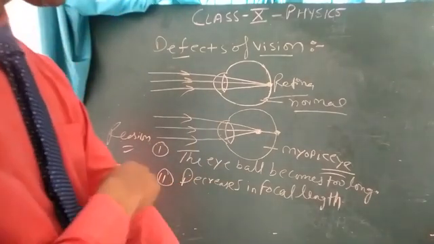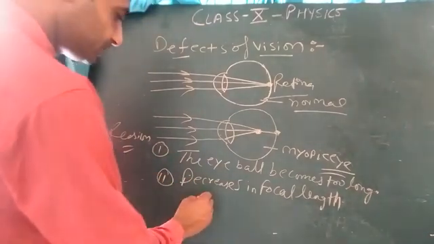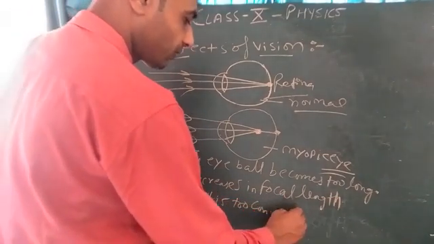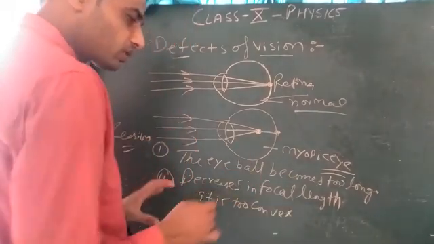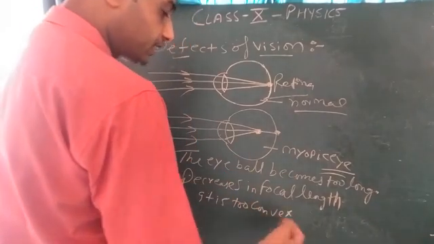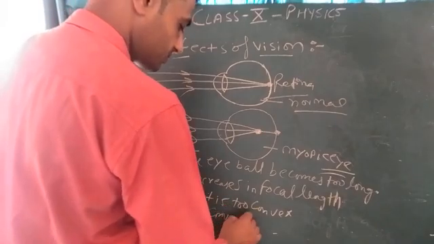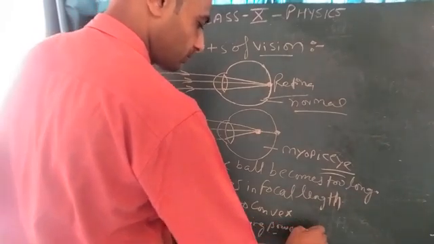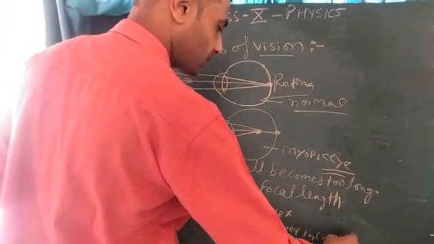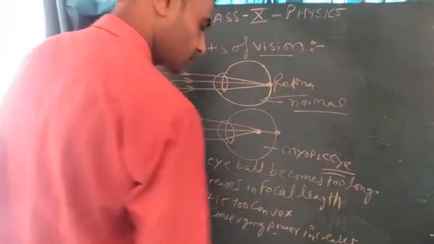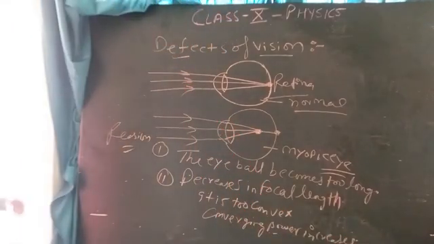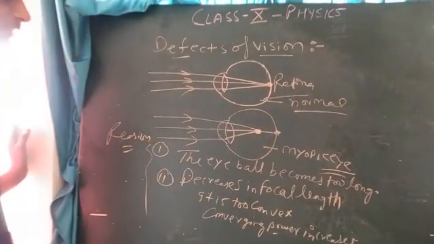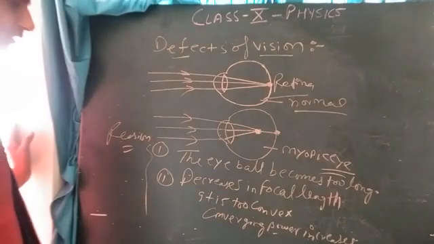It means it is too convex. It means the converging power of the eye lens increases. Okay, so these are the two main reasons of a myopic eye.